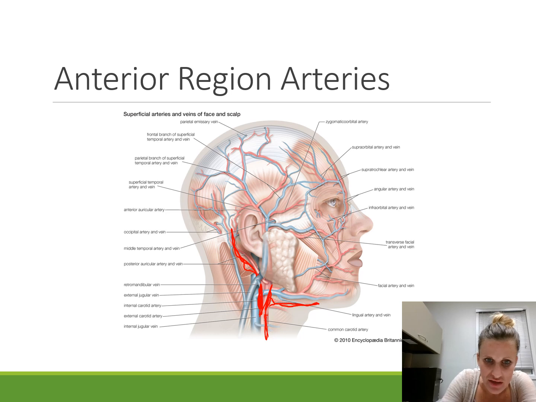You can't see the beginning of it, but you can see the occipital artery back here. The superficial temporal artery is coming up here over the temple. You see the facial artery. So here's the facial artery coming to the face. I think that's everything that we talked about.